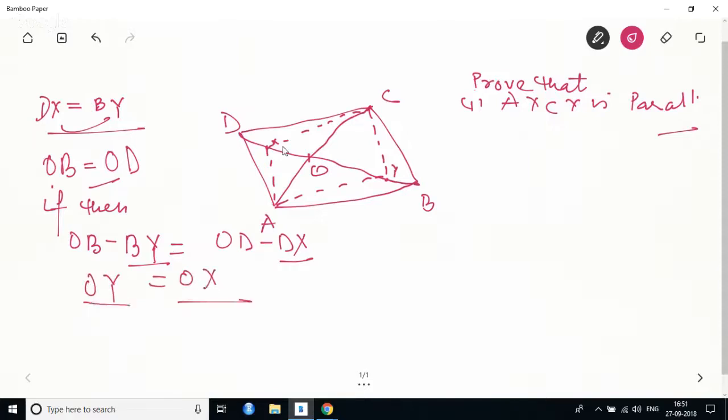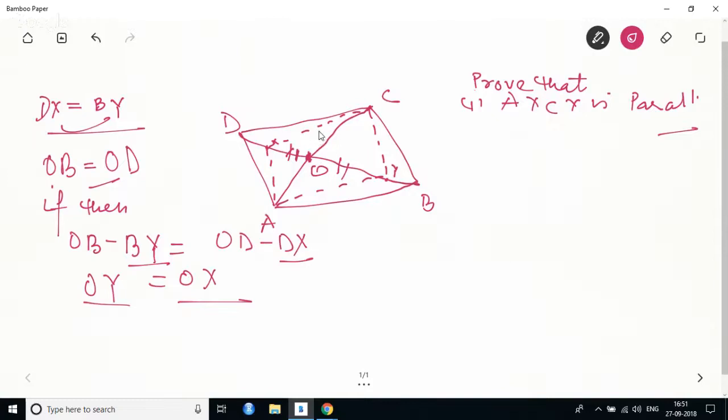So I have shown that in this particular quadrilateral AXCY, these two, OX and OY, are equal. It means that this XY, which is a diagonal, is getting bisected by this point O. So this I have already shown.